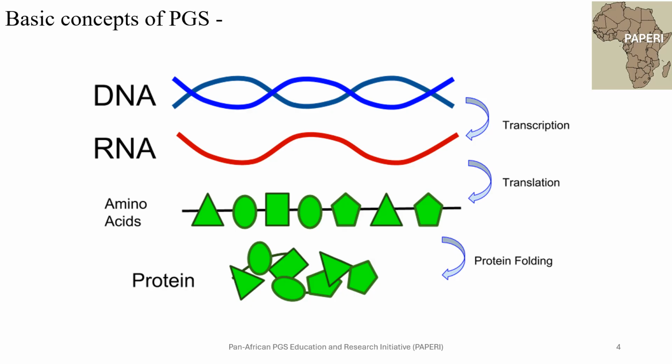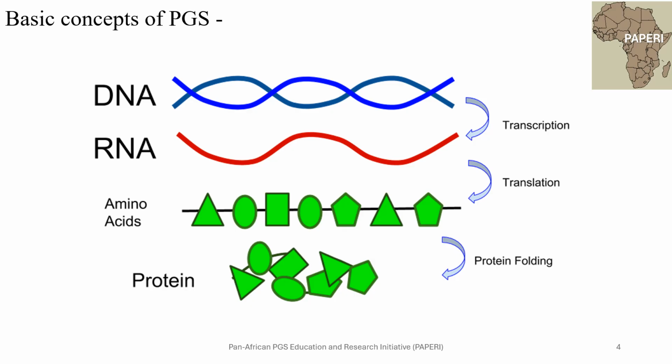When we're looking at a specific variant on the DNA, we're measuring in association with an outcome, looking to measure some type of genetic variation that results in different proteins, through this process of transcription, translation, and finally protein folding.